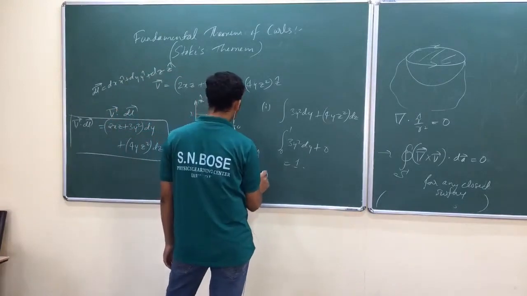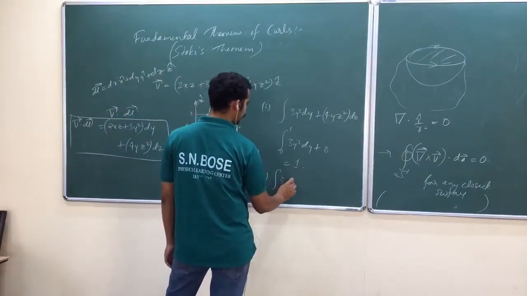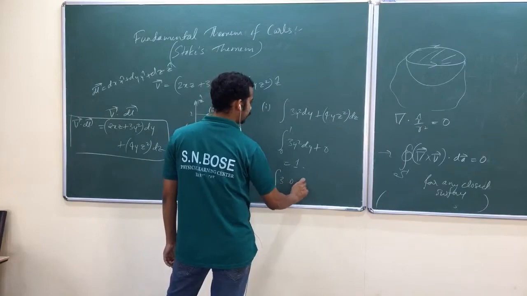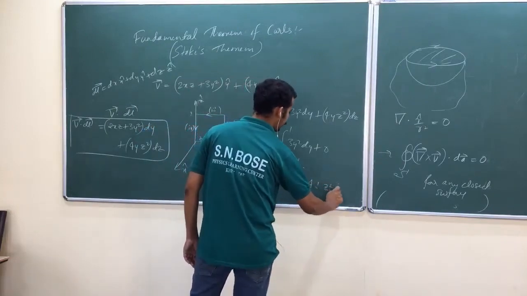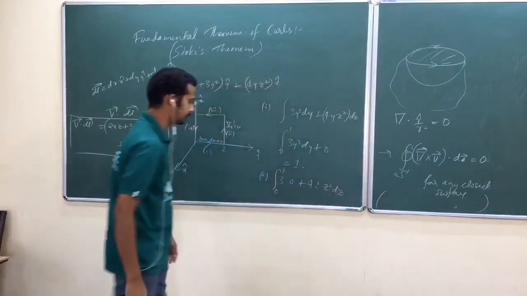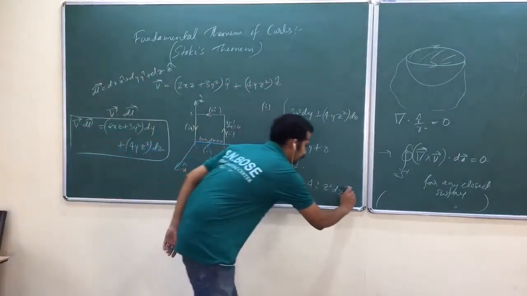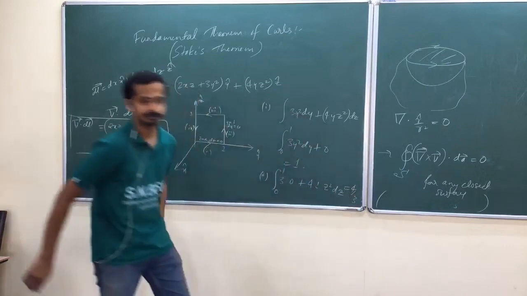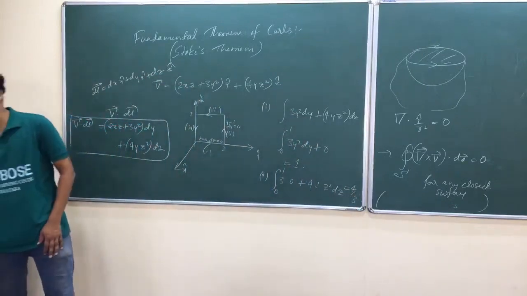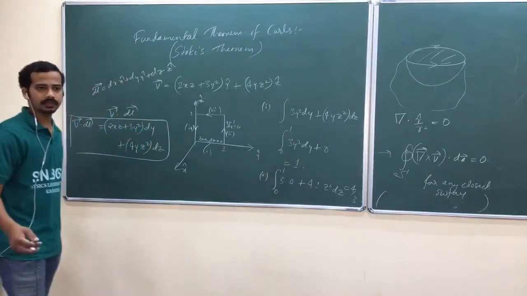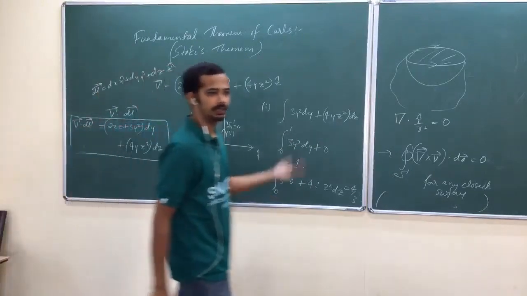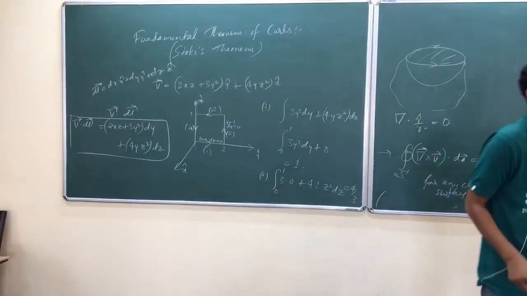So in the second path, y equal to 1, 3 into 1, dy equal to 0, plus 4 y equal to 1, z square dz. Z is running from 0 to 1. What is this? Z cube by 3, that's equal to 4 by 3. Check it out. Do it yourself. You have to define variables on each path. That's it. Carefully. It's done.